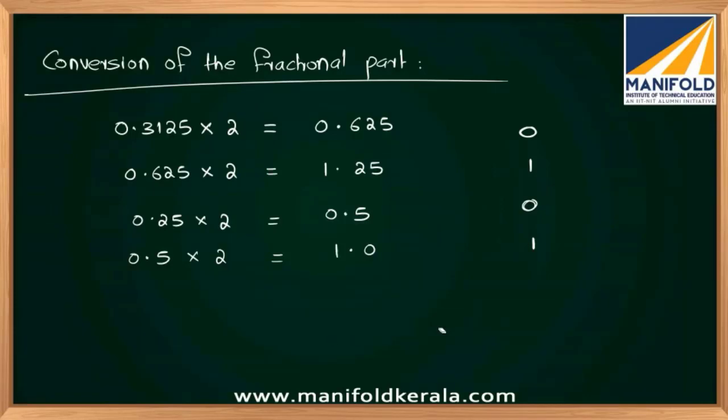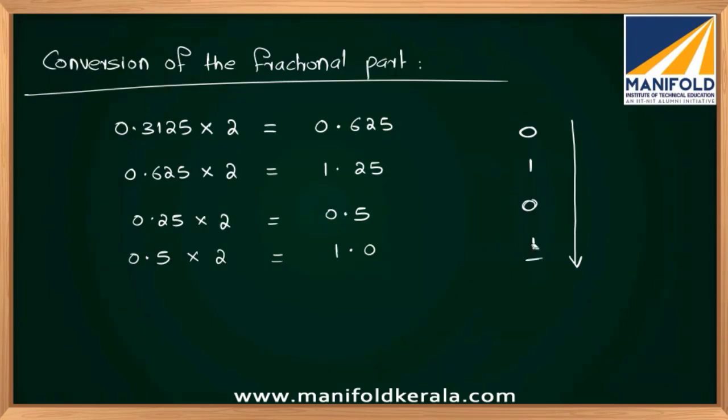Now, one more important thing, after doing all this, you have to read it from top to bottom. Earlier for the integer part, you were reading it from bottom to top. For the fractional part, this will be your most significant bit, and this will be the least significant bit.